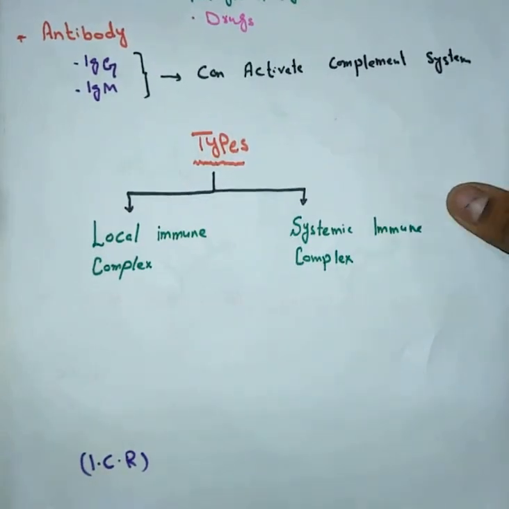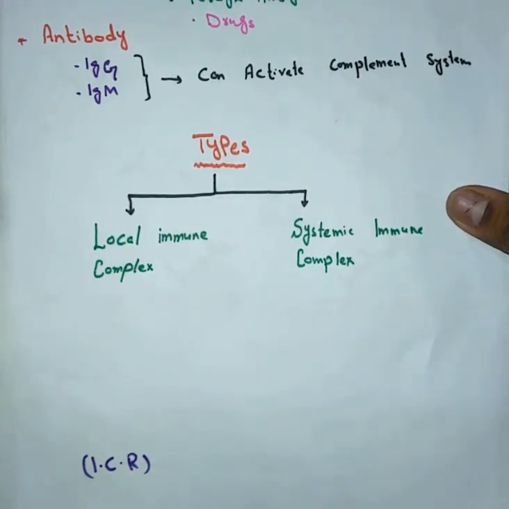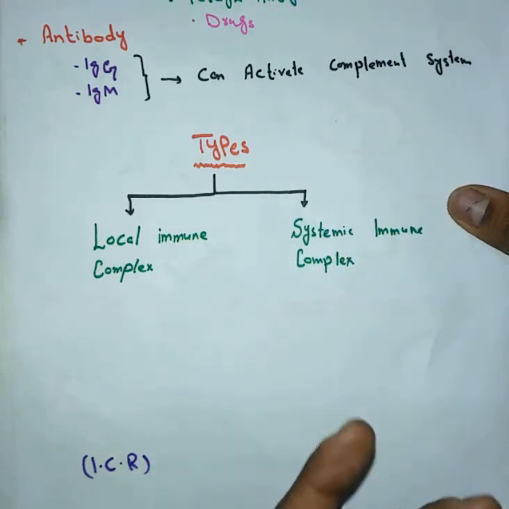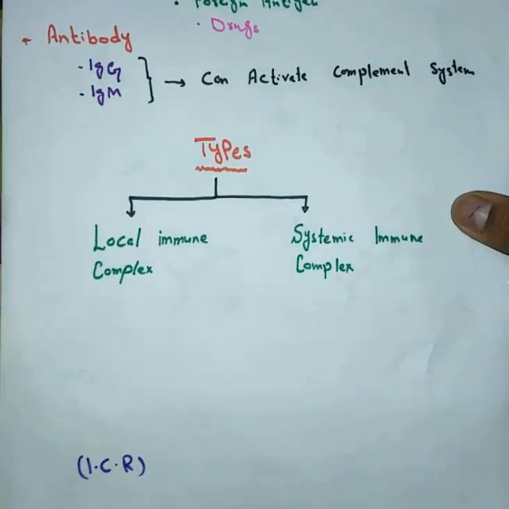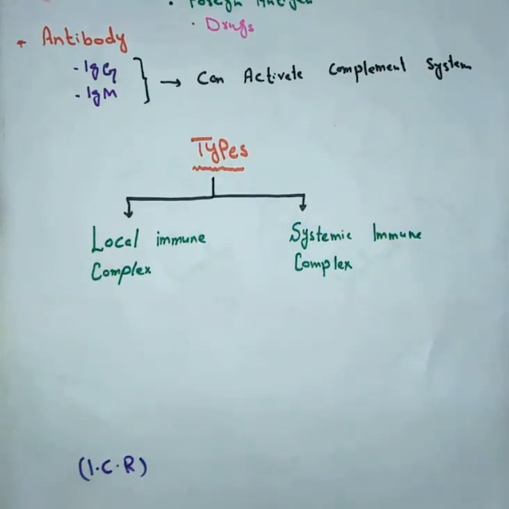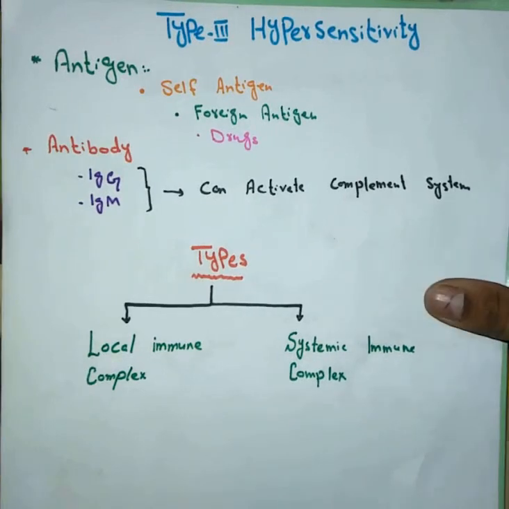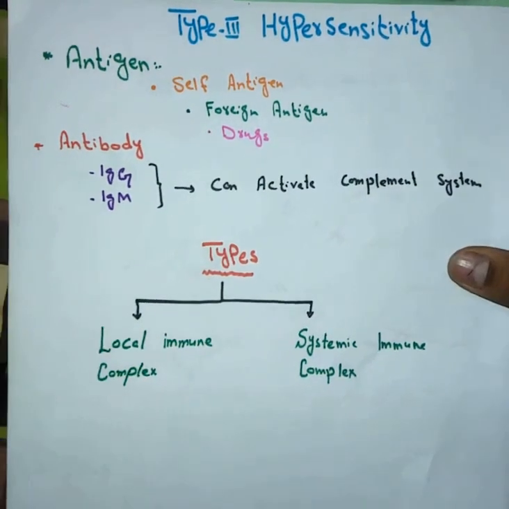But in a systemic reaction, a generalized reaction will be seen, like swollen lymph nodes all over the body, fever, redness, and scars on the body. So both types of reactions can be seen in type 3 hypersensitivity reaction. It depends on where these immune complexes deposit.